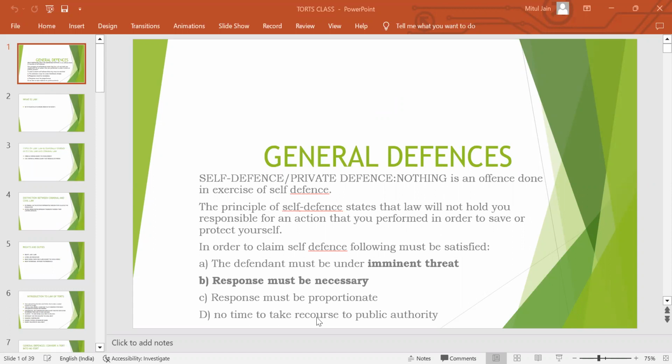Ashby versus White is the name of the case. Okay, no issues.